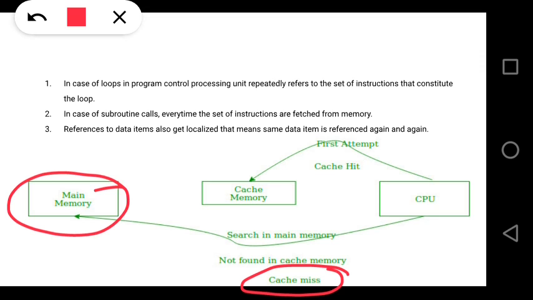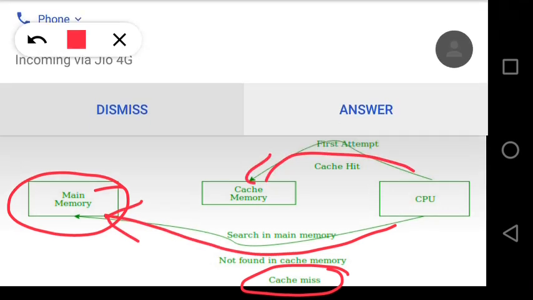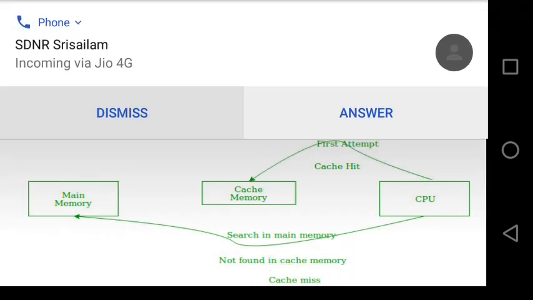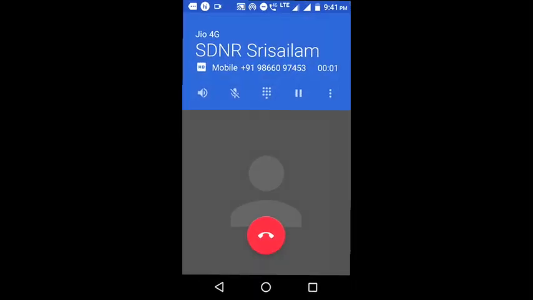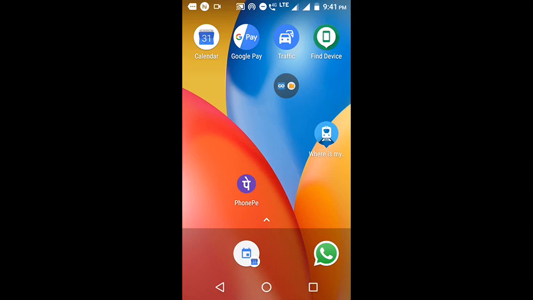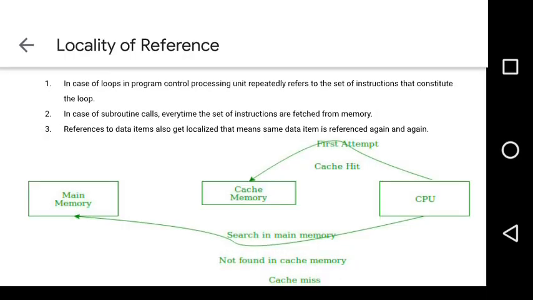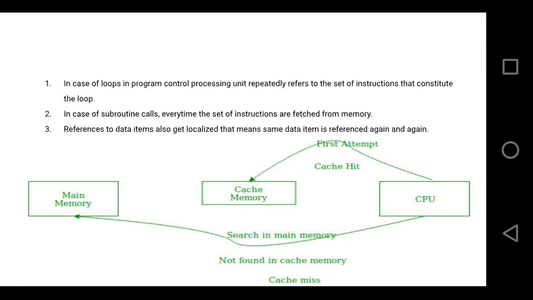The next time, if you access the same word or instruction, then again you need to go directly to main memory, because that word is not available in cache. So in case of subroutine calls, every time the set of instructions is fetched from memory, so the references to these data items also get localized.